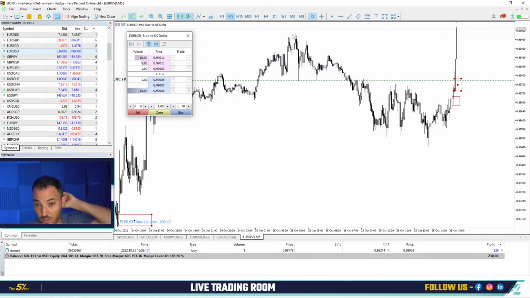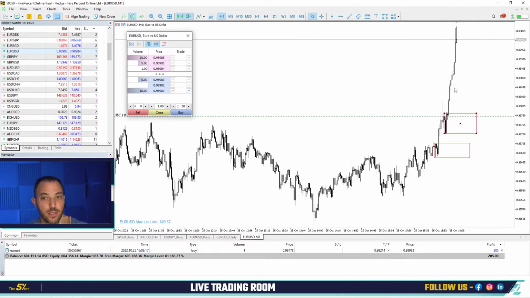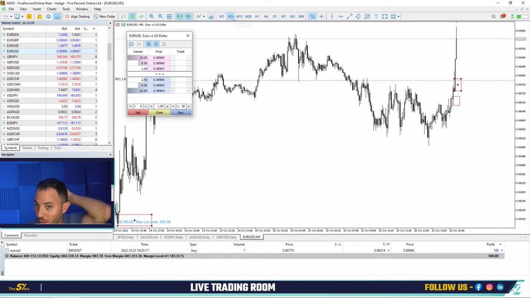Okay, looks like it really wants to break. For being a 1 minute setup, grabbing 20 pips is not a bad thing as well. Okay, that's the resistance.